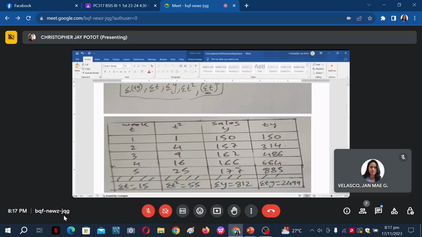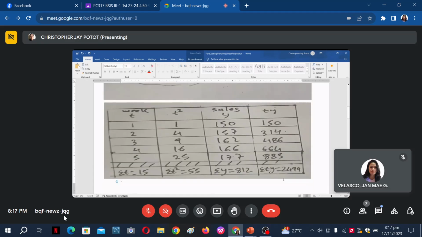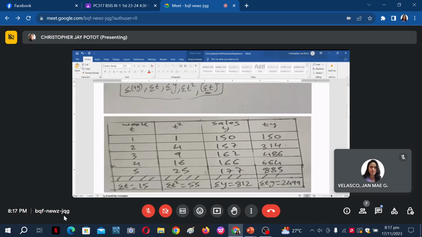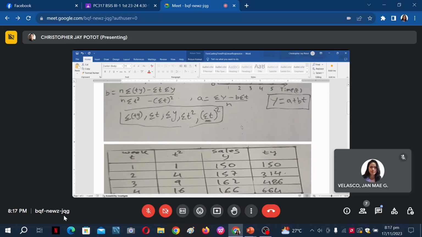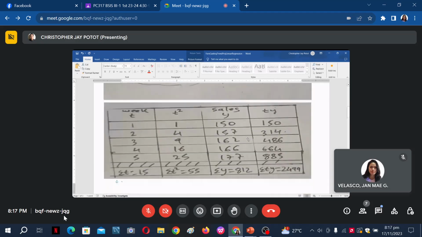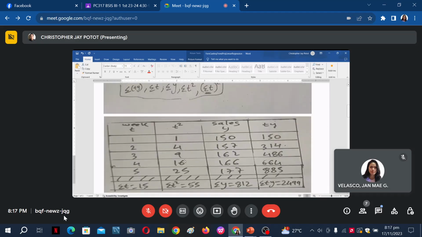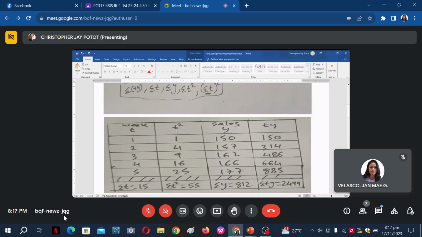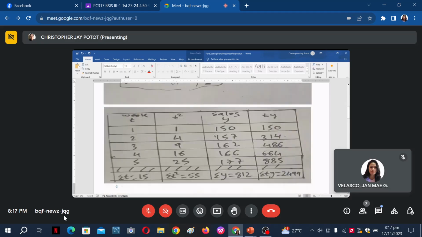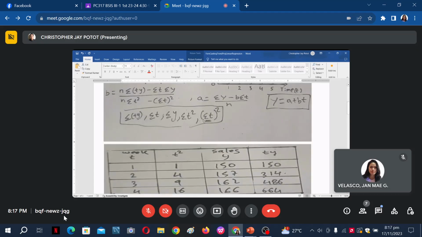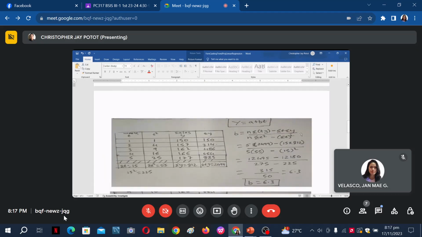So we have the information that we need for the values of a and b: the summation of t, the summation of y, the summation of ty, and the summation of t squared. For us to plot, we follow again the formula, y equals a plus b t.